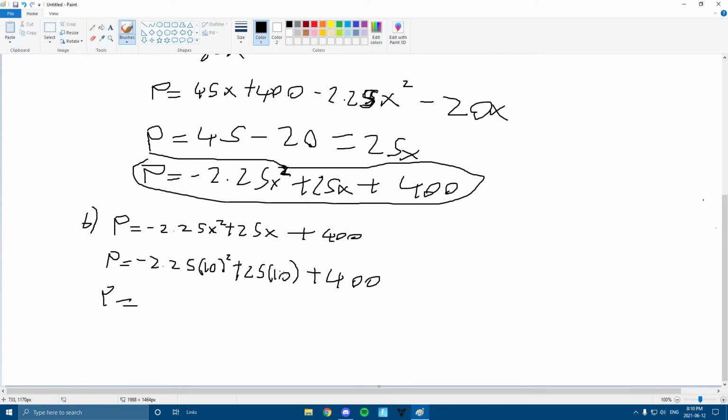Once you do 10 squared and multiply, you should get negative 225 as the first value. Next is 25 times 10, and that's 250. So you add negative 225 plus 250, which gives 25, and then add the 400.